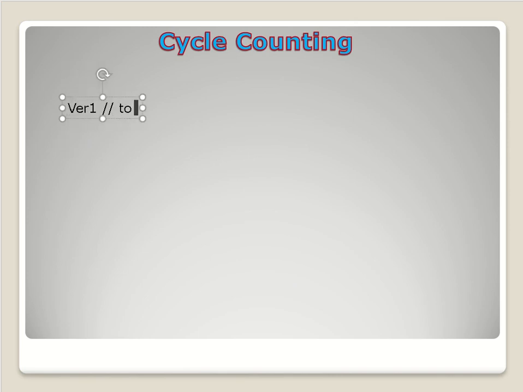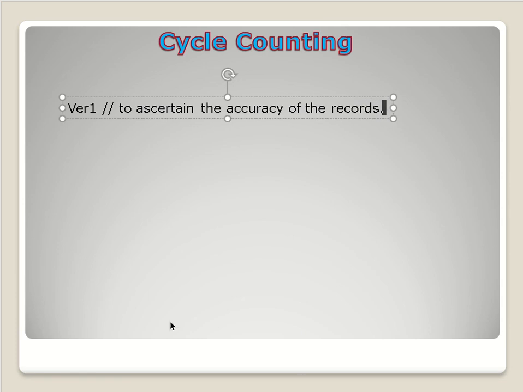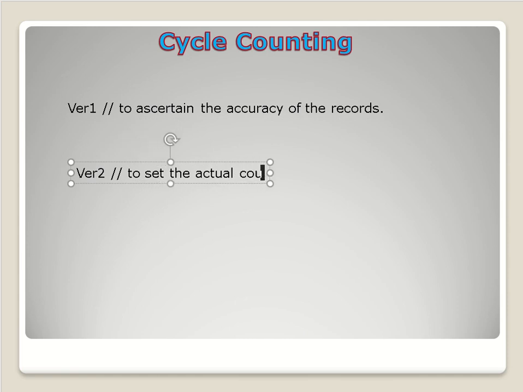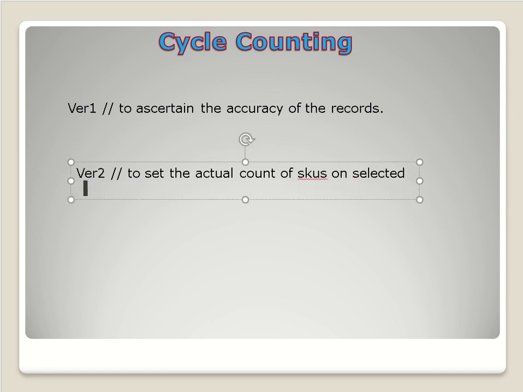To ascertain the accuracy of the records. The other one, version 2, is to set the actual count of SKUs on selected items.